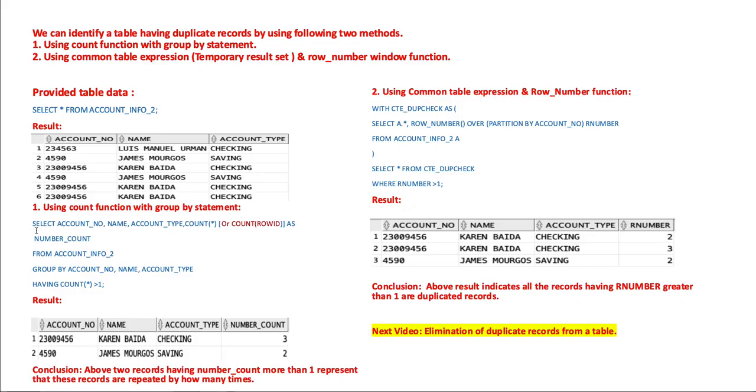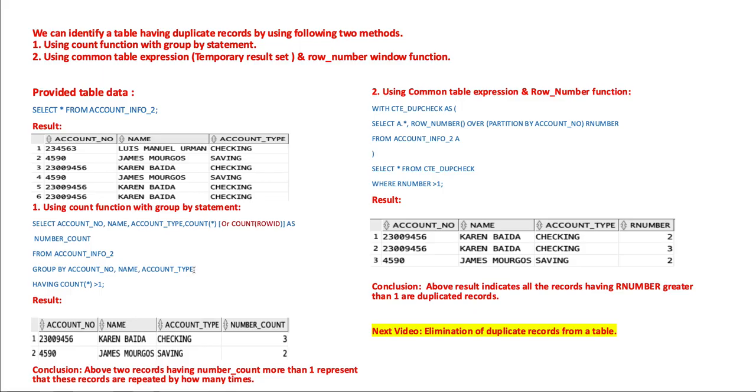I have started here with select account number, name, account type. After that, we can use here count star or count row ID. Row ID gives the physical location for each record, which are completely different from each other. As a row number or row count from account info 2, group by account number, name, account type.